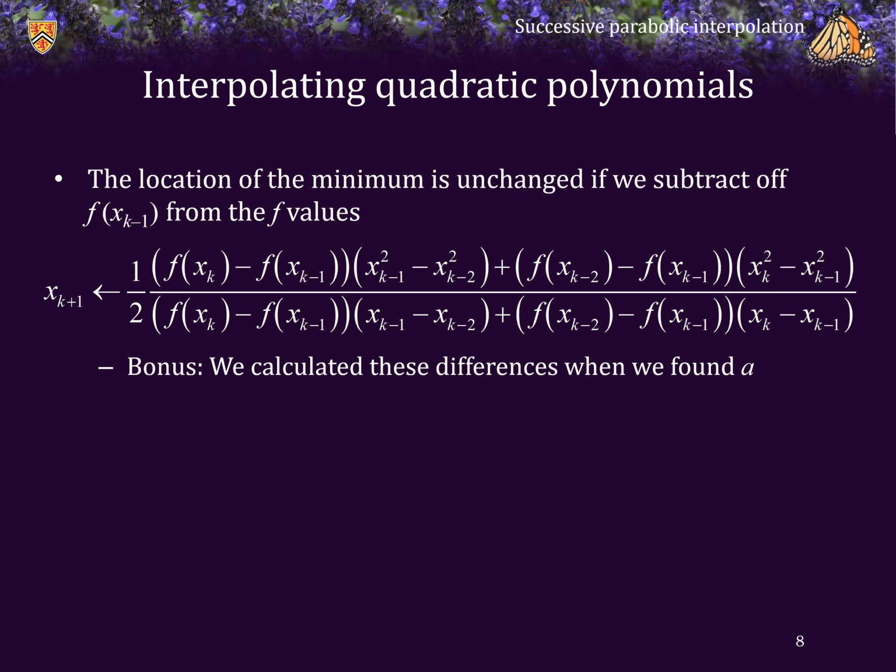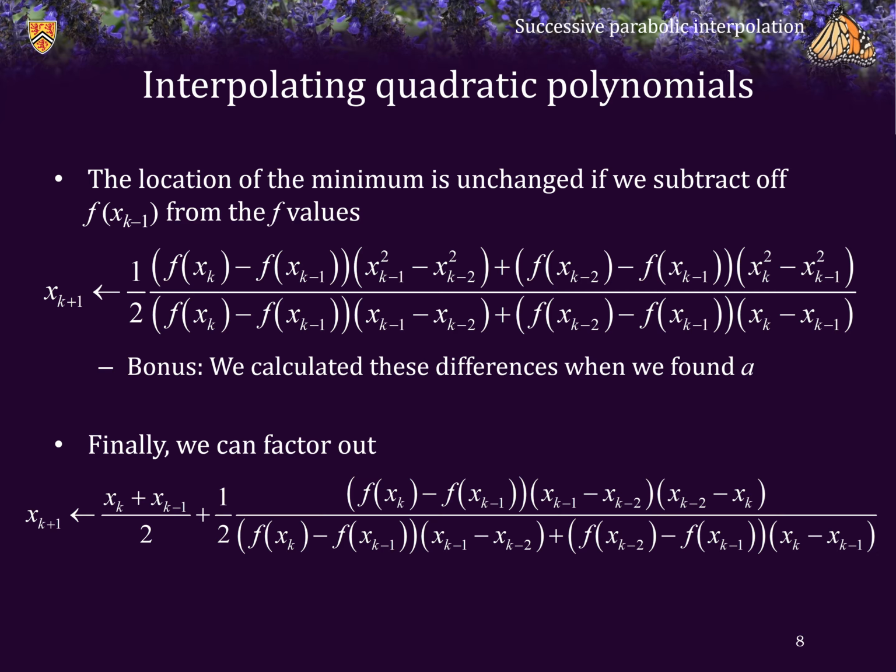We've actually calculated some of these values previously when we were finding the coefficient a. So this is good. Less work for us to do. However, on top of all of this, we can also factor out the average of the last 2 points out of this expression, giving this even simpler expression.